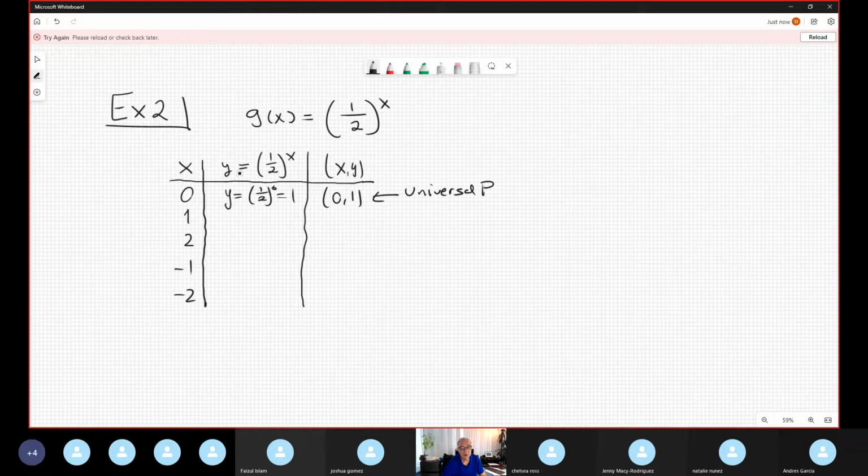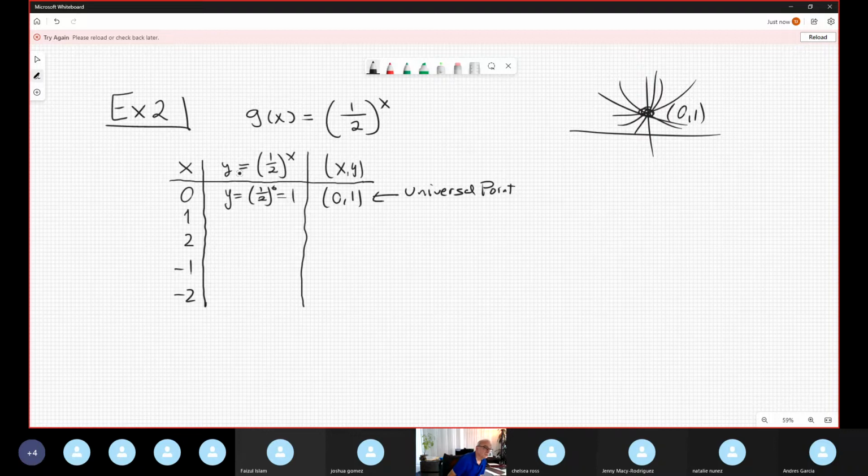To understand this, the universal point, you have a family of the exponential passing through the point 0, 1.